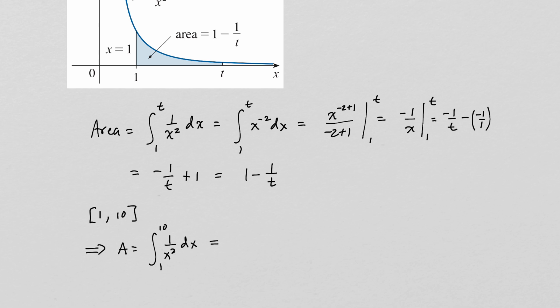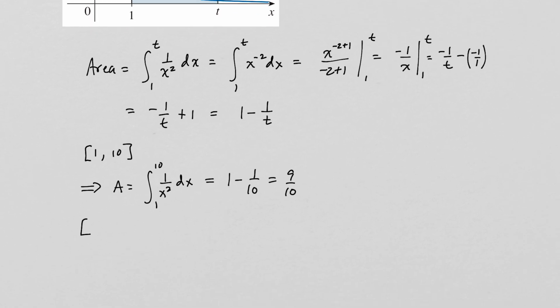But we know what this is going to be because we've already calculated this integral up here. So all I need to do is plug in the limit of 10 in for t. And so this would end up being 1 minus 1 over 10, which is 9 over 10.